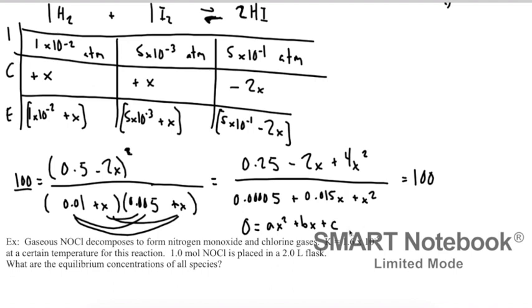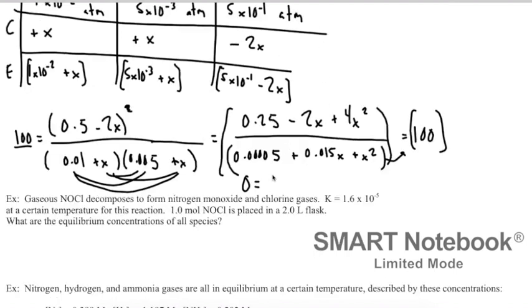And so I need it to look like that. So I would multiply this whole thing over, multiply it there, and then subtract, and then get it to look like this. Anyway, when you do that, you end up getting that 0.